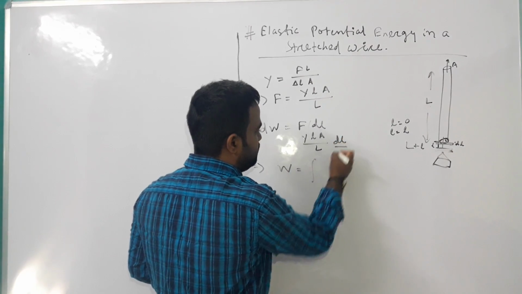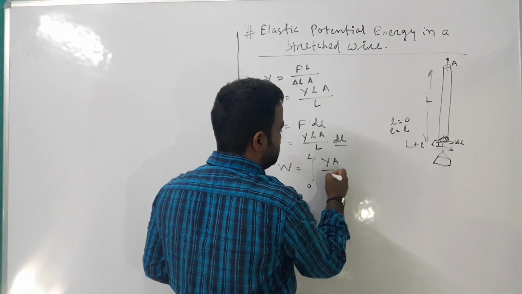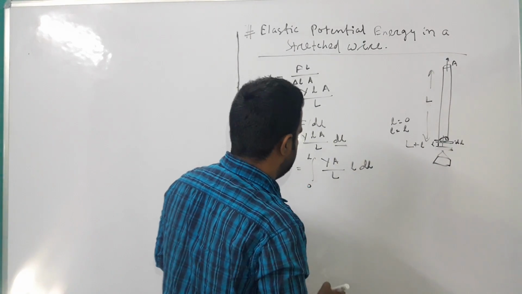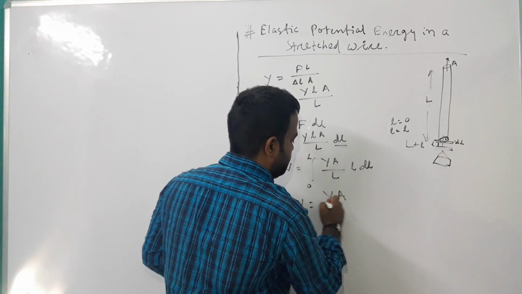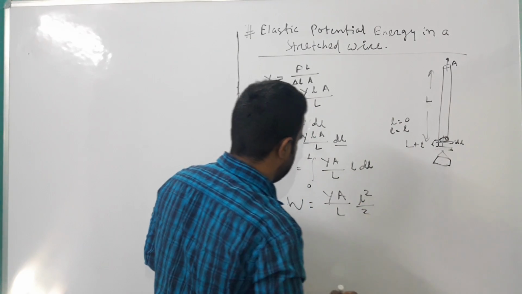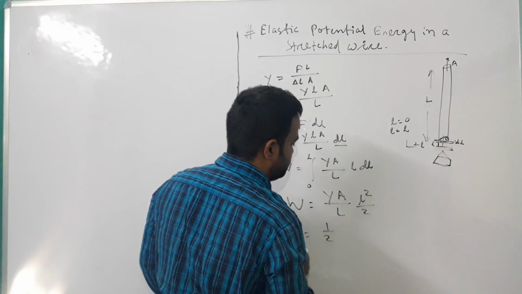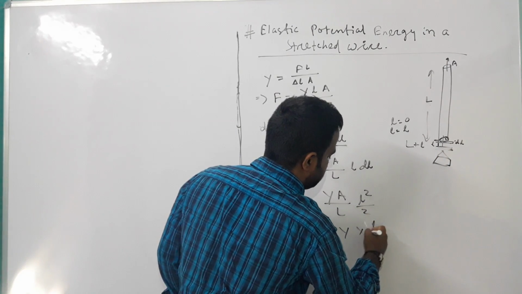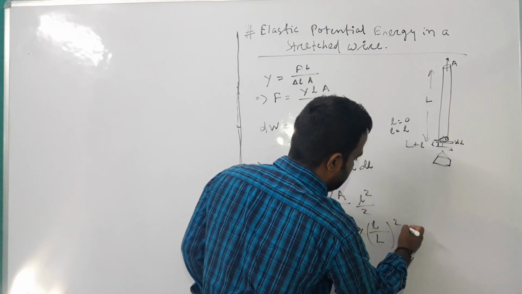Y A upon L are constants, and the integral of l dl gives l square upon 2. So W will be Y A upon L into l square upon 2, or I can write the work done as half Y into l upon capital L whole square, multiplied by L into A.